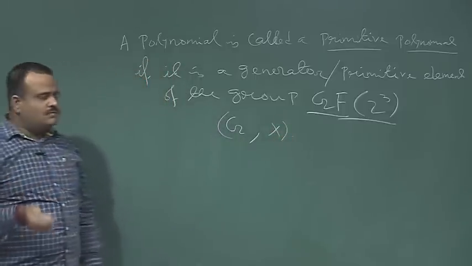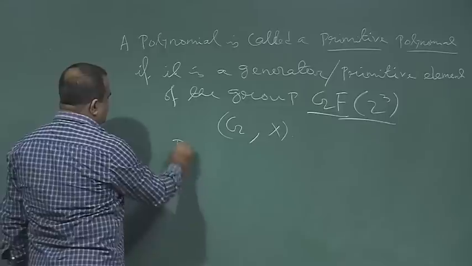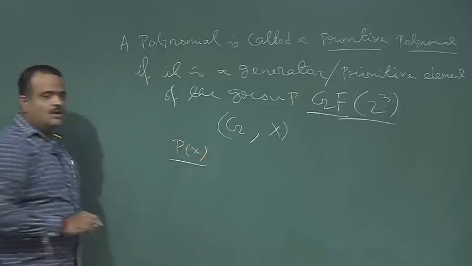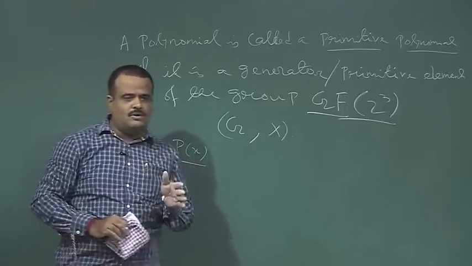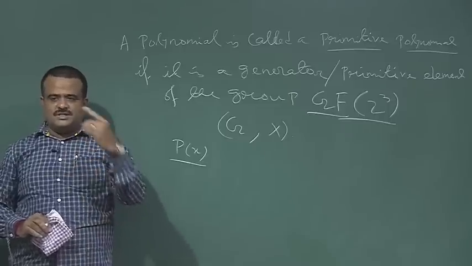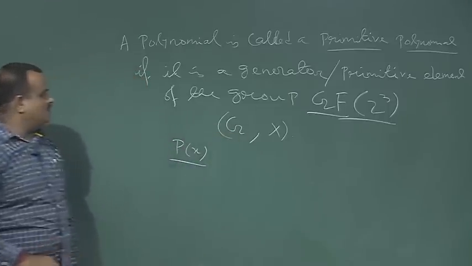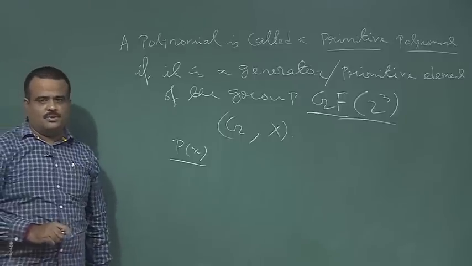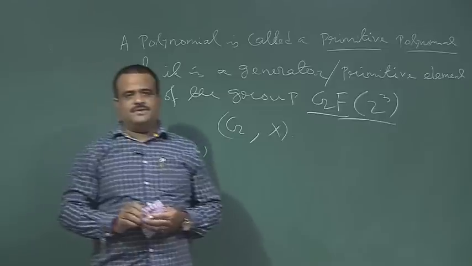It is a cyclic group under multiplication. So, if we take a polynomial p(x), first of all it has to be an irreducible polynomial. Every primitive polynomial is an irreducible polynomial. On top of that, it should have the extra property that it should be the generator of that group, so it should generate the group G in the multiplicative sense. This is a primitive polynomial, and we have seen this primitive polynomial in the context of LFSR.